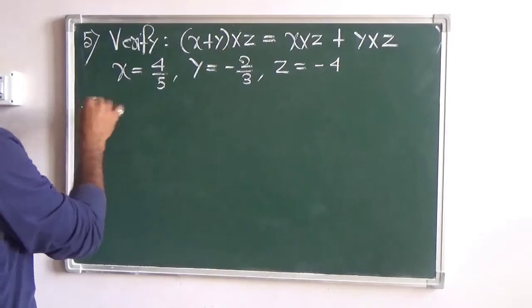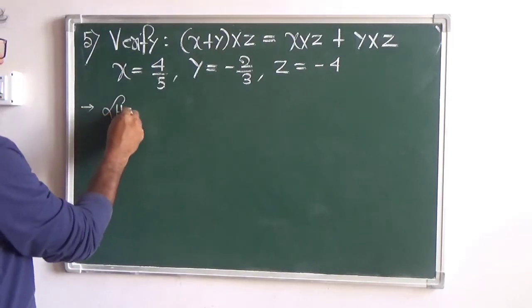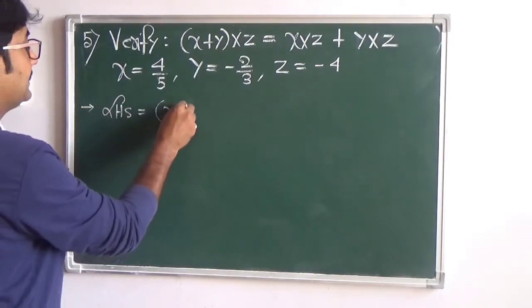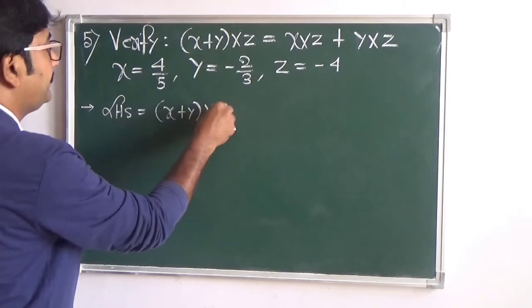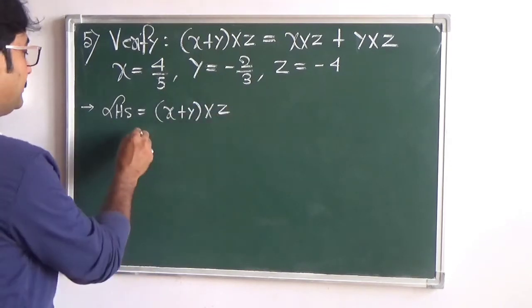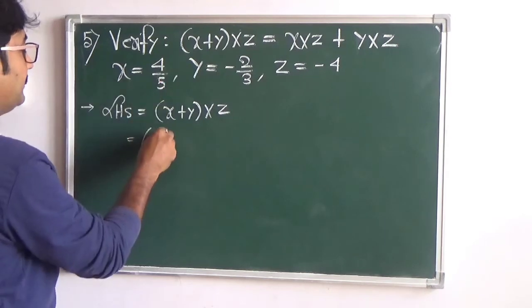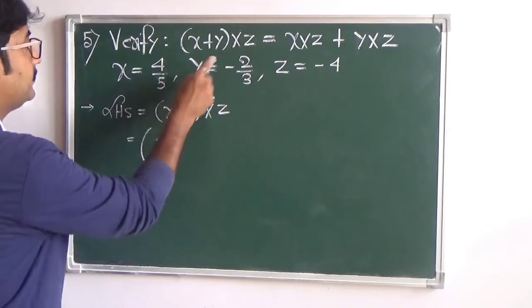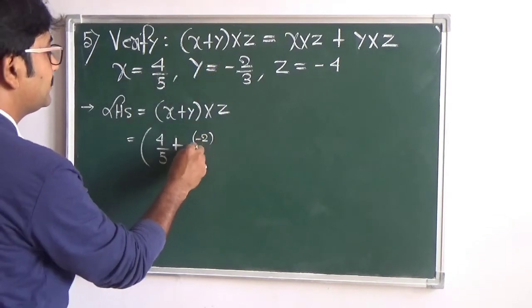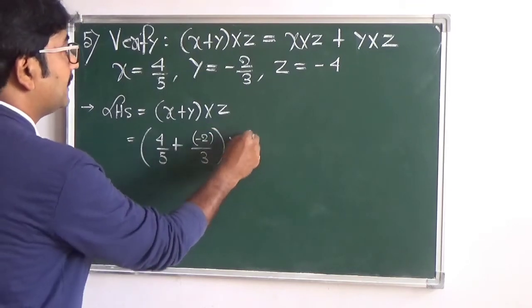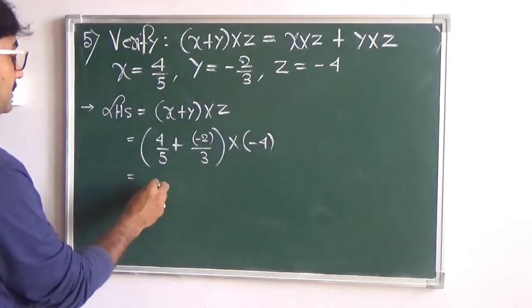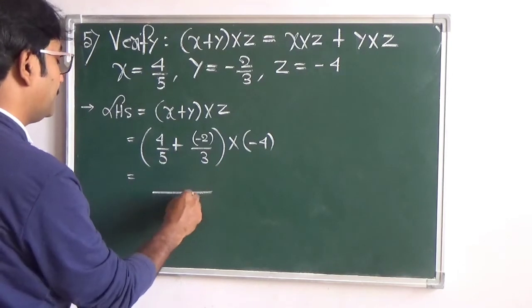So first of all, we move with the left hand side, and that is given as x plus y multiplied by z. So you put the values of x and y here. x is 4 by 5 plus y is minus 2 by 3, and this is minus 4. So if you take the LCM, we have 15.